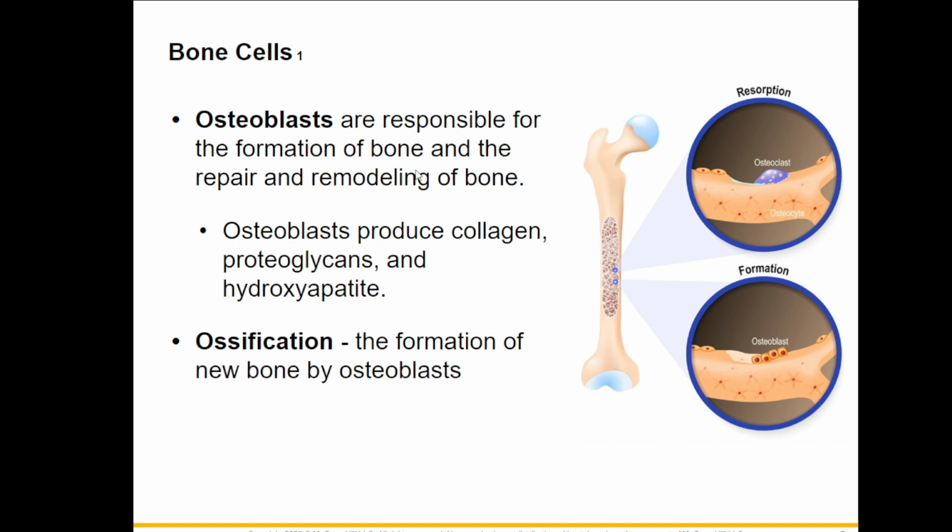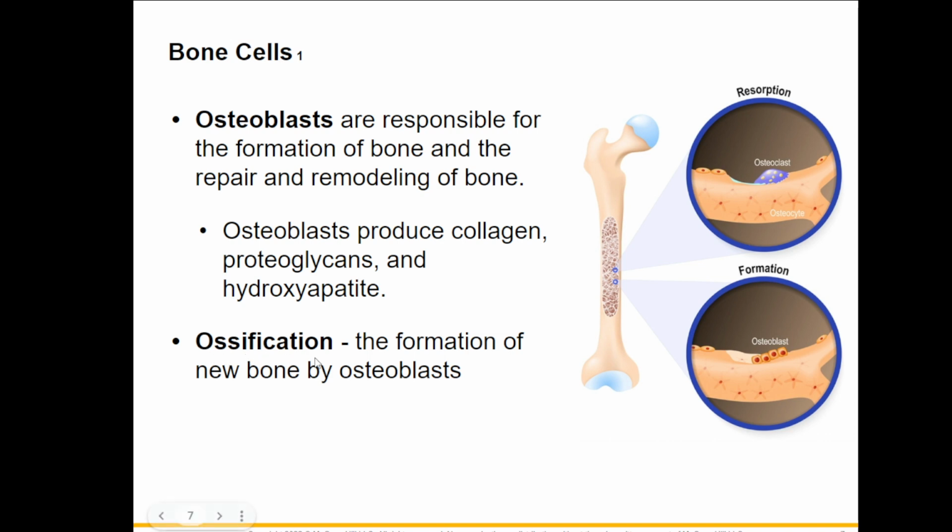And they are also important for repair and remodeling, which later on we will discuss. Aside from formation of bone, your osteoblasts also produce your collagen, your proteoglycans, and your hydroxyapatite. Or basically, the osteoblasts produce the extracellular matrix of the bone. So this process of forming bones is collectively called ossification.